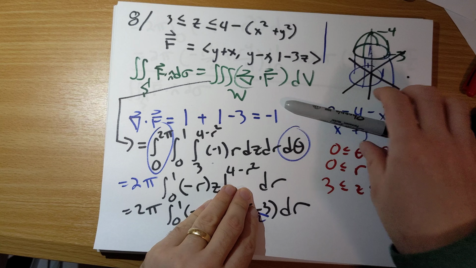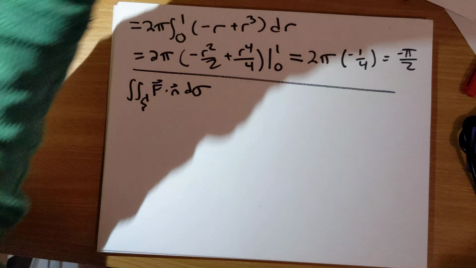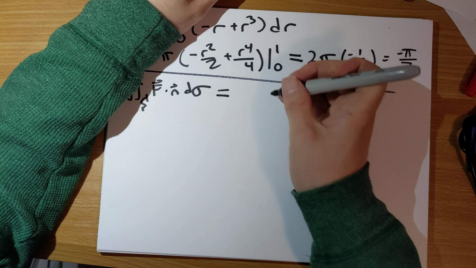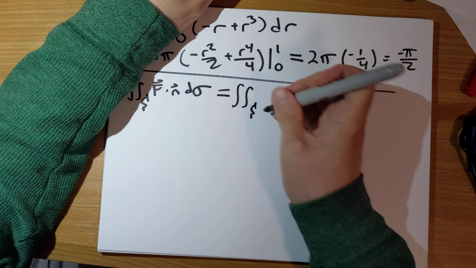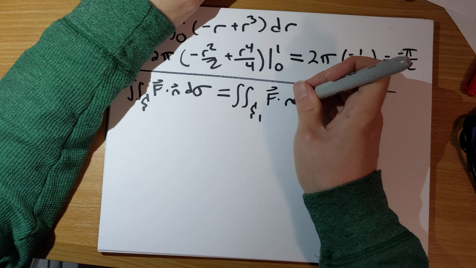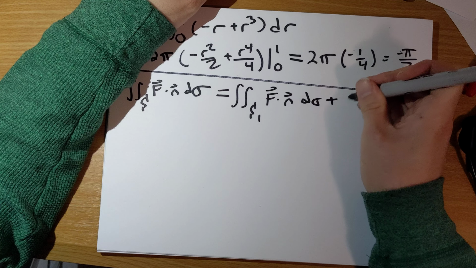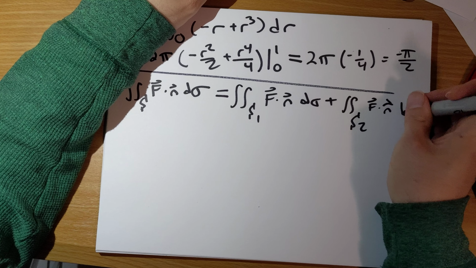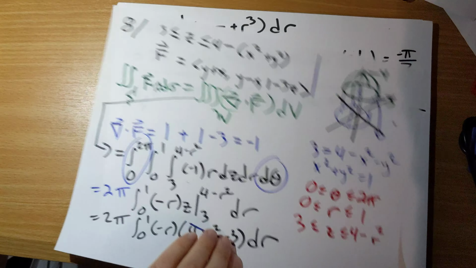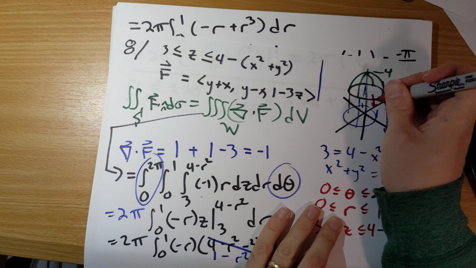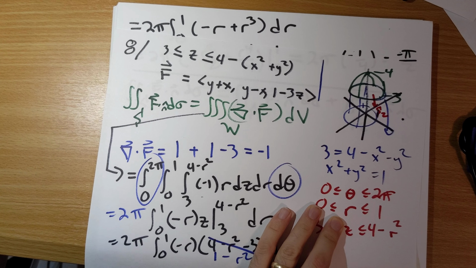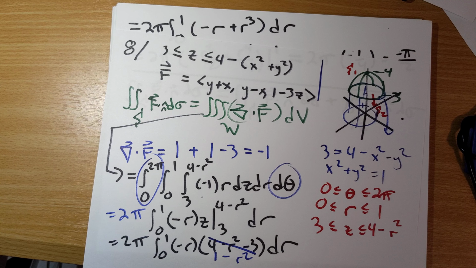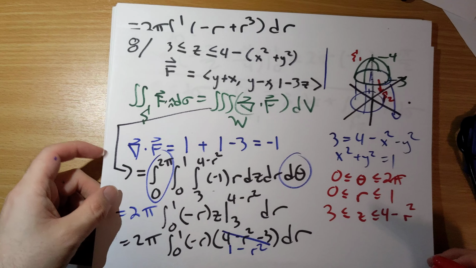Okay, so let's go ahead and do this. I'm going to write S in this form, S1 plus S2, where S2 is the floor and S1 is the cap part. So for S1, how do we parameterize this?